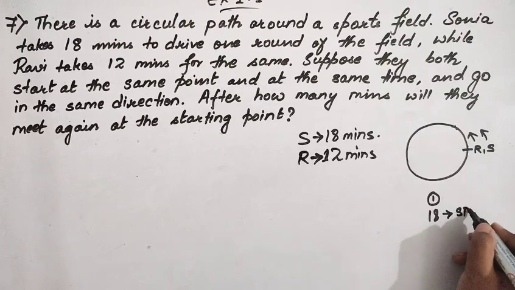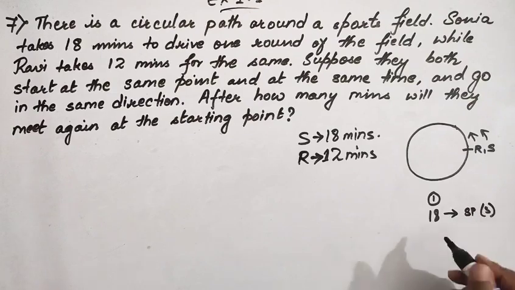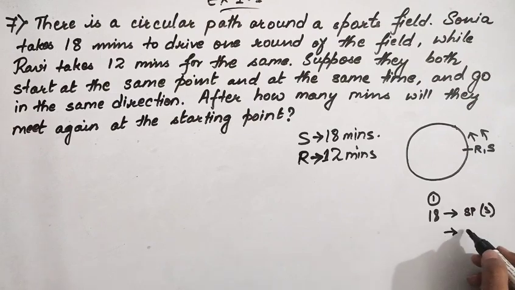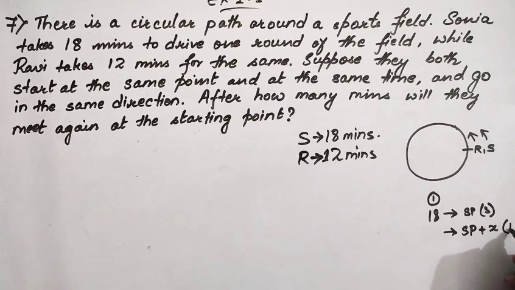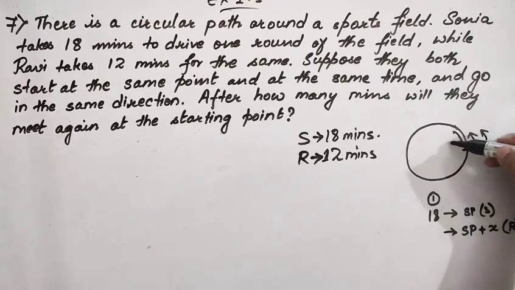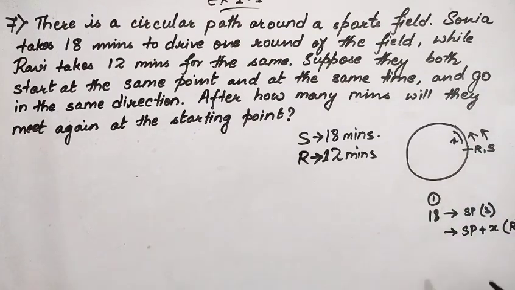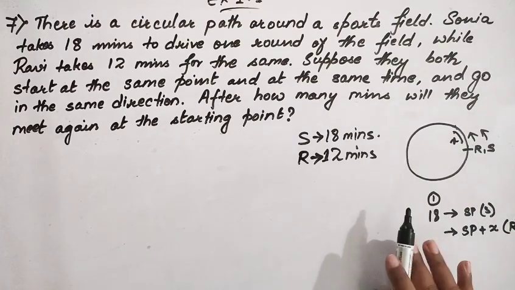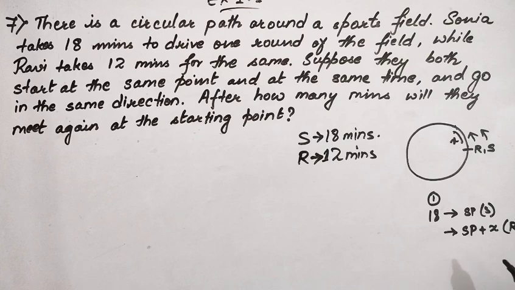Sonia is in starting point and Ravi is starting point plus something. So this is Ravi, some distance. Okay, let me see, this is x distance. So in one revolution it is not possible for them to meet in the same location.